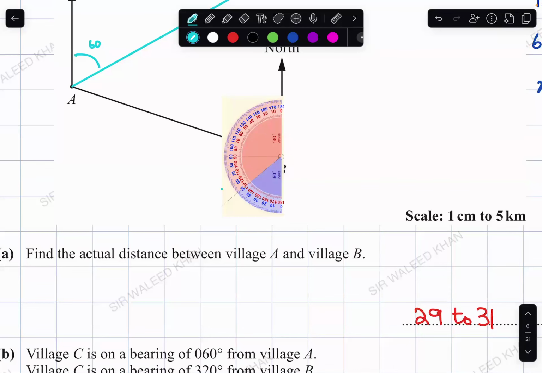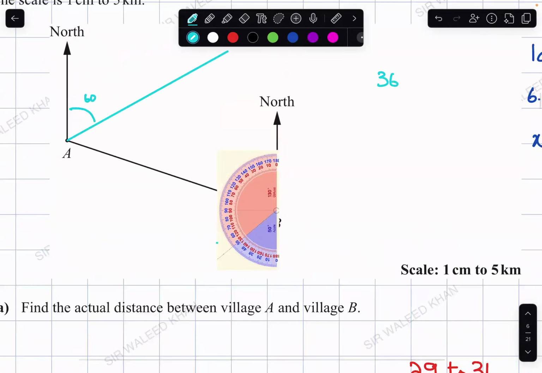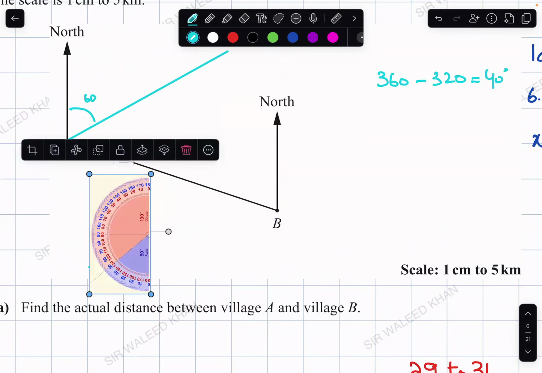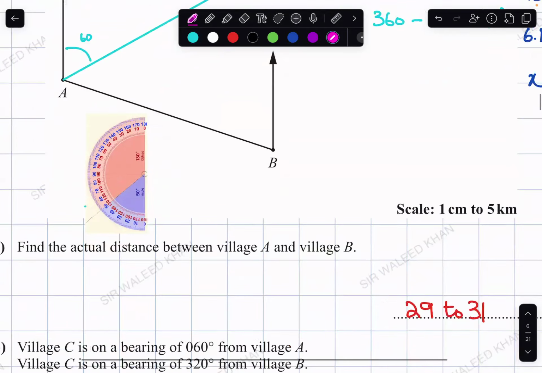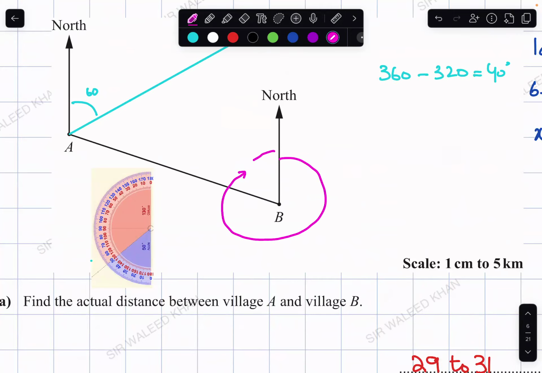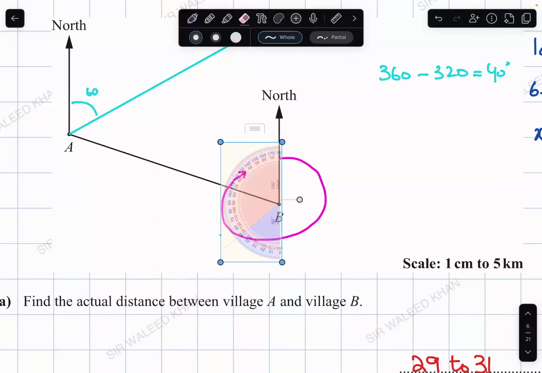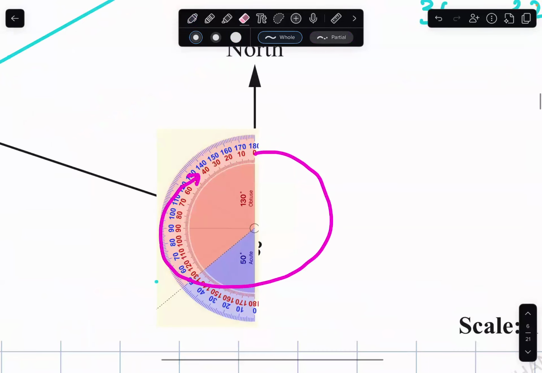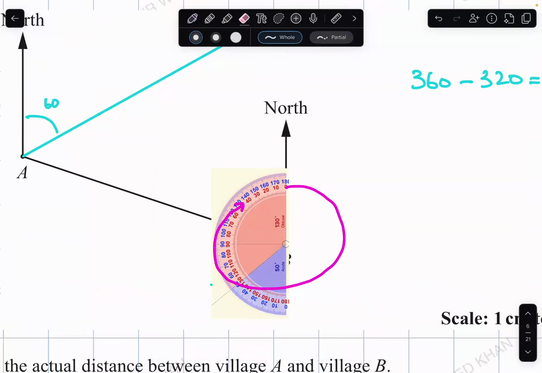So 360 minus 320, that will be 40. So the bearing will be from the north of B. Yes, from village B, from the north of village B, you are going to move till you reach over here. Now this is 320. So if this is 320, then this angle should be 40. So what you can do is use a protractor and measure it 40 degrees. It's almost the same. So I'll mark the angle over here.